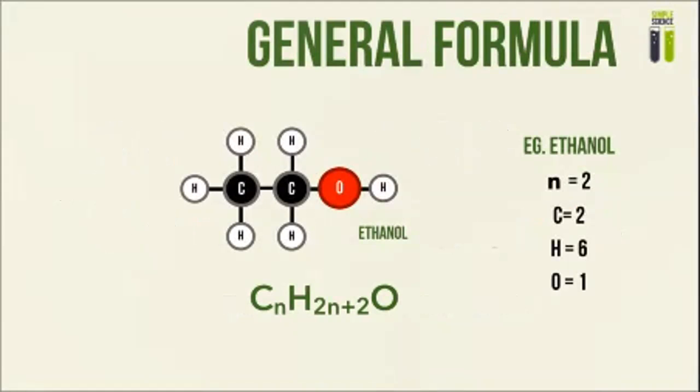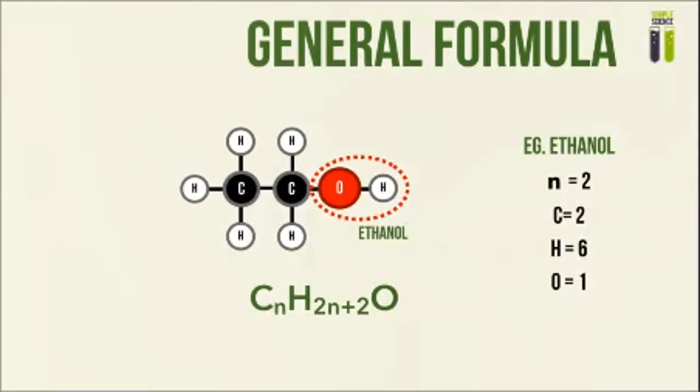Now, as with any other organic compound, we are going to be looking at the general formula of alcohols. It is very similar to the parent alkanes. The only difference between alcohols and alkanes in their general formula is the existence of an oxygen atom between 1 or 2 or 3 or any other number of its CH bonds.